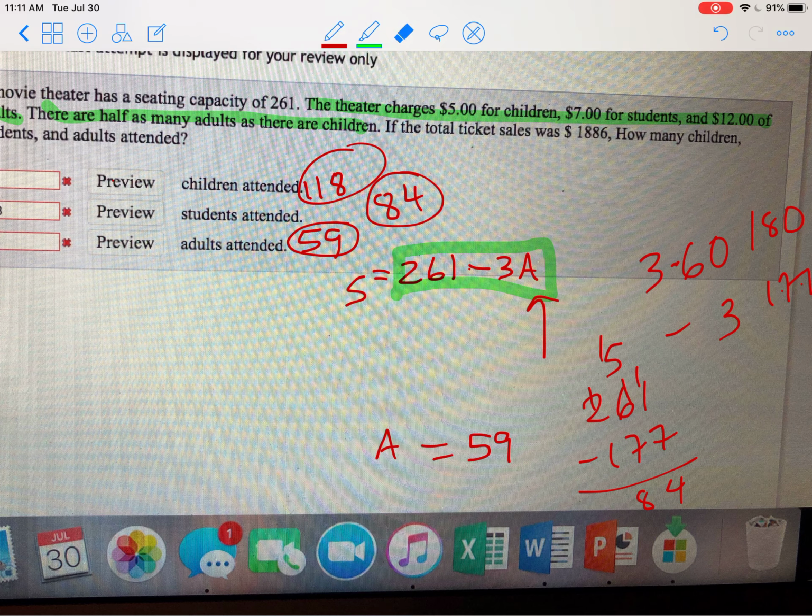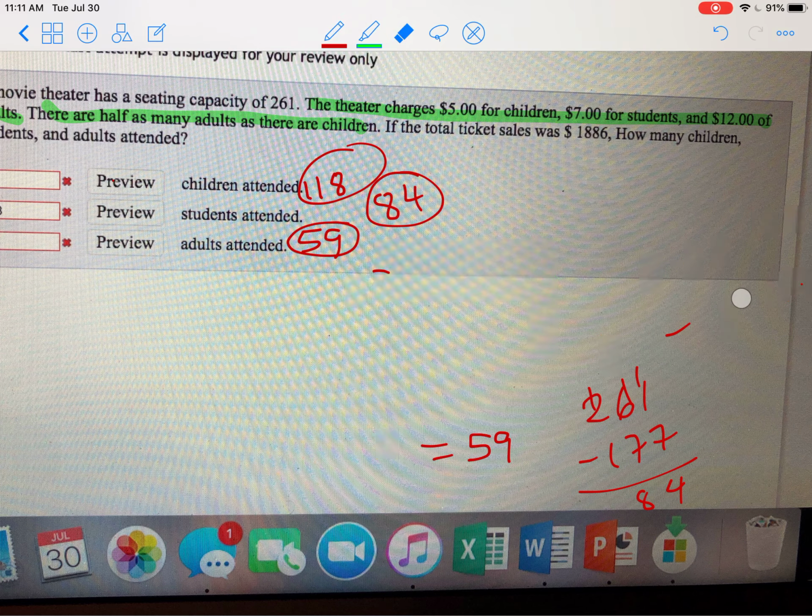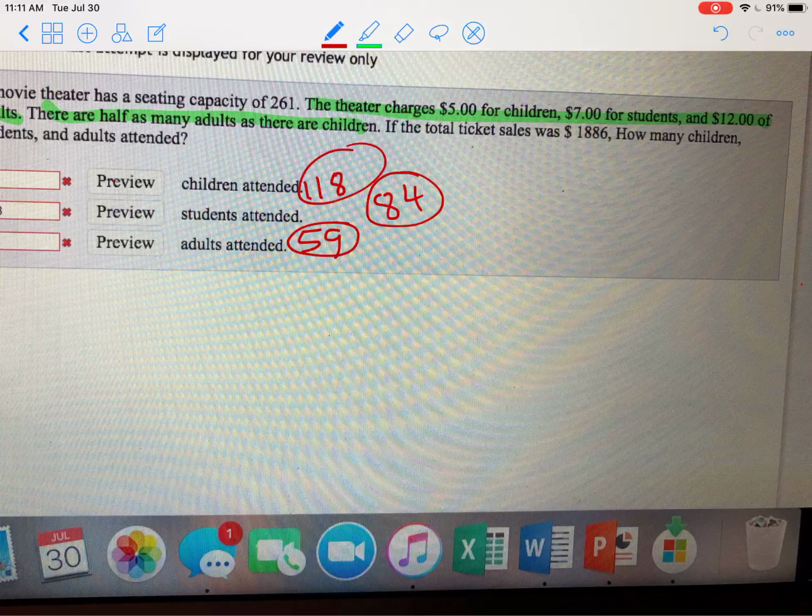Okay, good. All right. And that should answer the question. So you go back into the problem and you say, okay, if I add all these up, do I get 261? And then you just check to see that that's the case. 118 plus 84 plus 59.